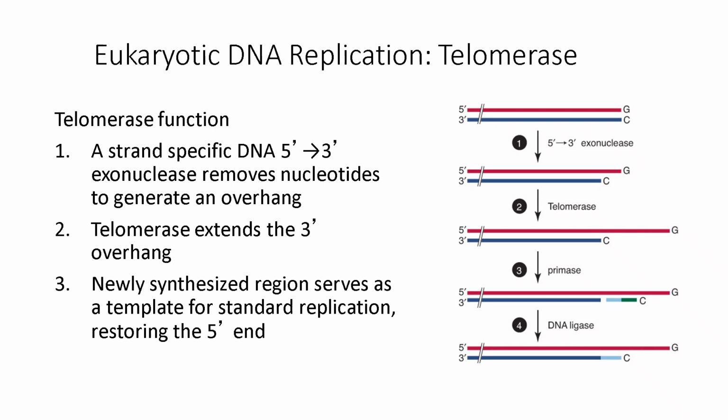Telomerase then binds to this overhang and, using its internal RNA template, synthesizes additional telomeric repeats. Once this extension is complete, conventional DNA polymerases can fill in the complementary C-rich strand using a standard primer and DNA synthesis machinery. This process restores the chromosome end and maintains genomic stability.